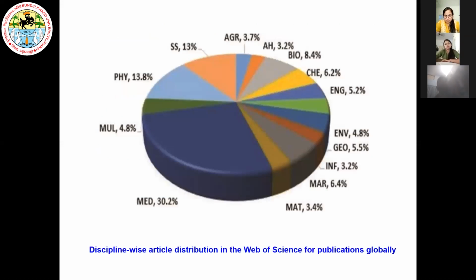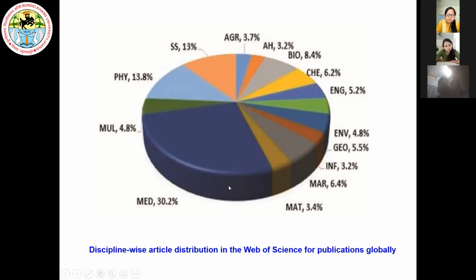Then if you look at the discipline-wise publication scenario globally, this is the distribution of publications discipline-wise. You can see globally the largest percentage of publication pertains to medical science.